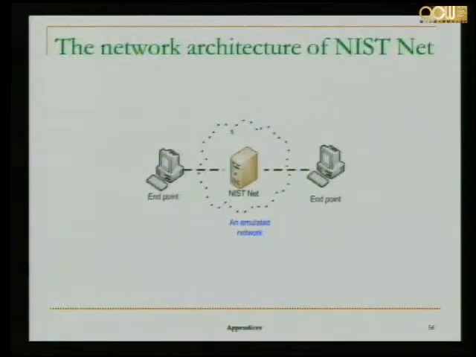And NIST Net is an emulator. Simulator and emulator are different. With an emulator, the time spent on processing really depends on that machine. It's emulation instead of simulation. And here NIST Net can simulate packet delay, loss, and jitter.